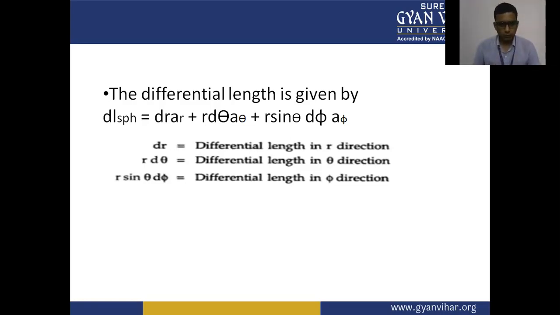So this equation represents the differential length of the spherical coordinate system, where dr is the differential length in the r direction, r d theta is the differential length in the theta direction, and r sine theta d phi is the differential length in the phi direction. These three components make up the differential length of the spherical coordinate system.